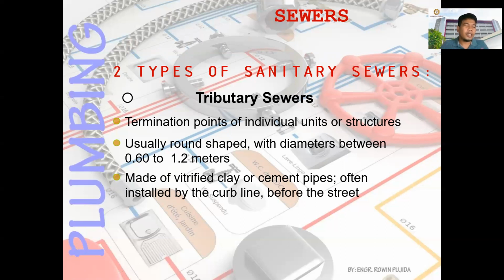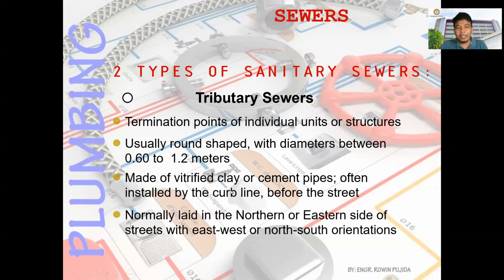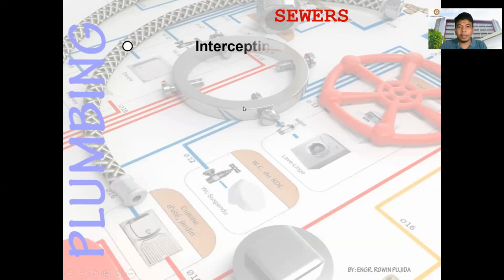Normally, you have the sidewalk. Under the sidewalk are the tributary sewers. Okay. They are normally laid on the northern or eastern side of the streets with east-west or north-south orientation.